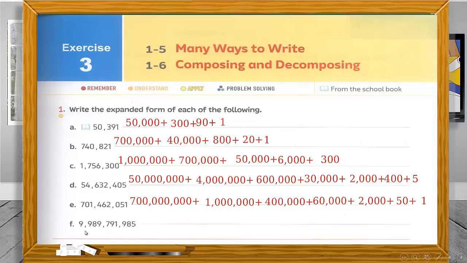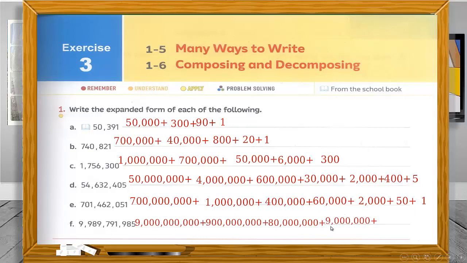We have 9 million. Write 9 and 3 periods of zeros, which means you should write 9 zeros. 9 in the 100 million place, so write 9 and 8 zeros. 8 in the 10 millions place, so you should write 80 million. 9 in the 1 million place, so write 9 million.